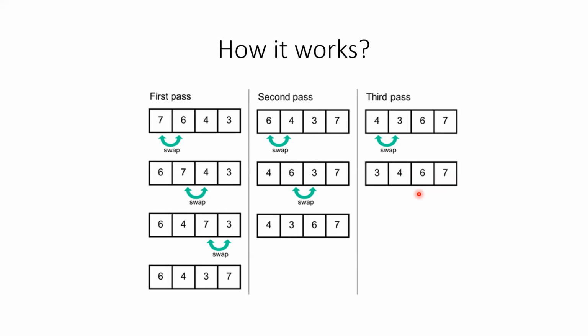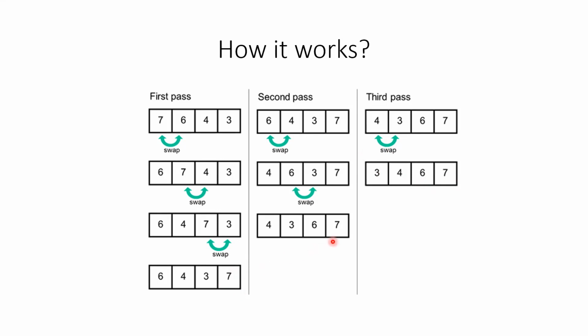So you can see that we are saving a single swap operation each time in each pass. Here we got the 7 placed correctly.